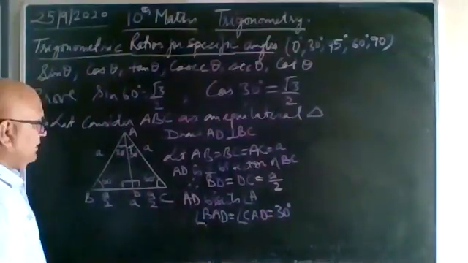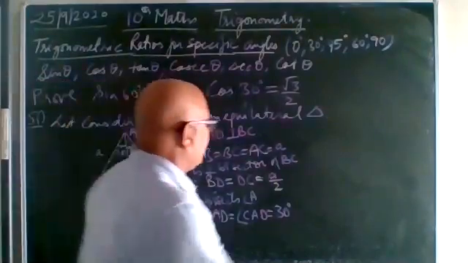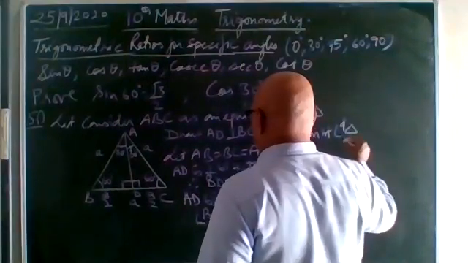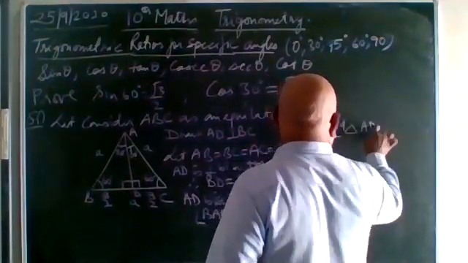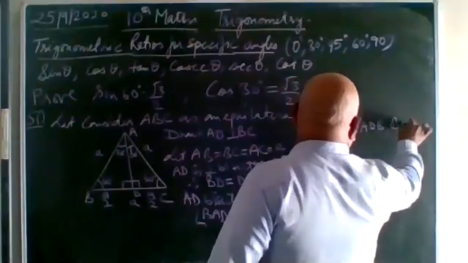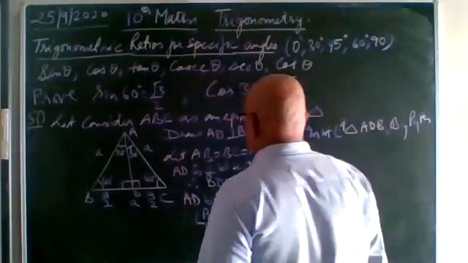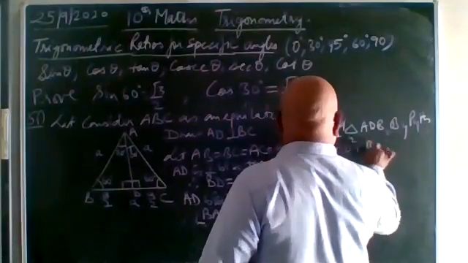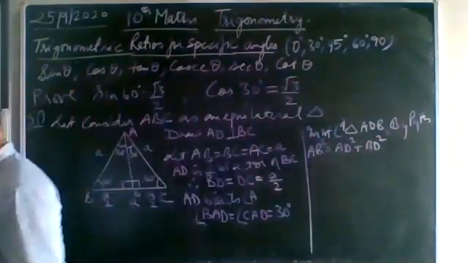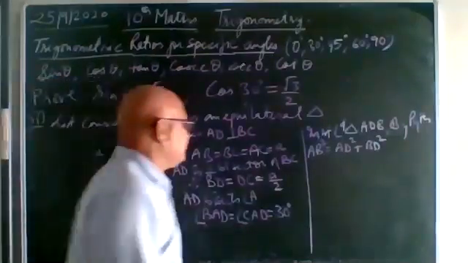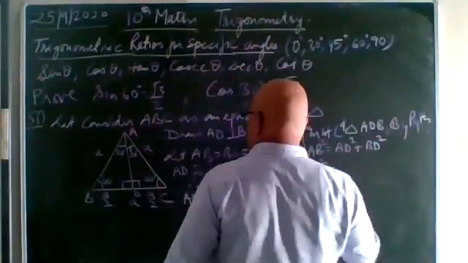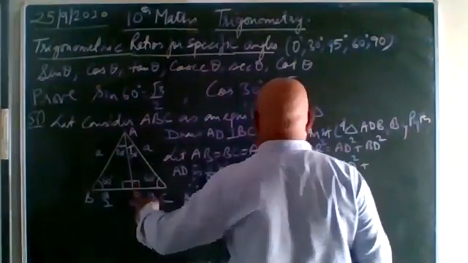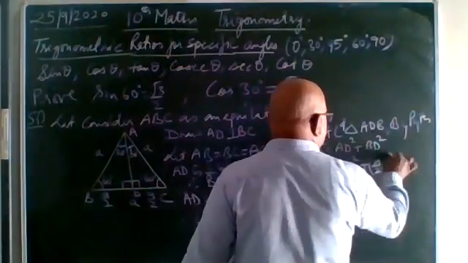After that, in right angle triangle ADB, by Pythagoras, AB square equal to AD square plus BD square. AB is A, so A square equal to AD square plus A by 2 whole square.